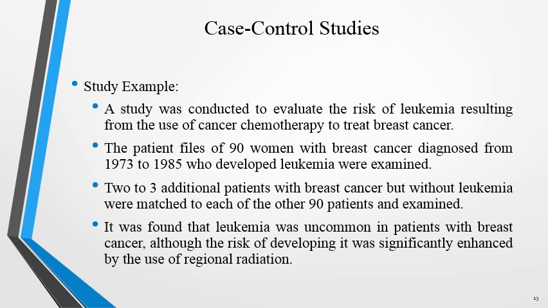When their files were observed in detail, it was found that the patients who had leukemia had gone through regional radiation therapy, and those who had not gone through regional radiation therapy did not have leukemia.